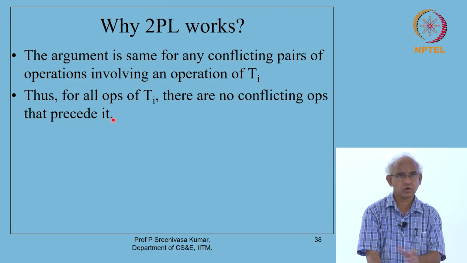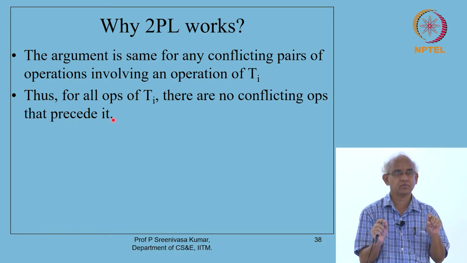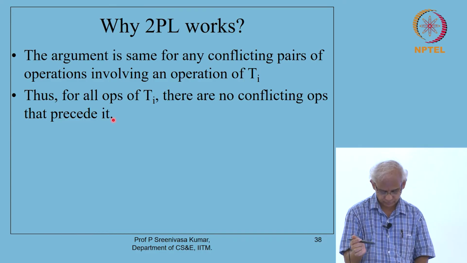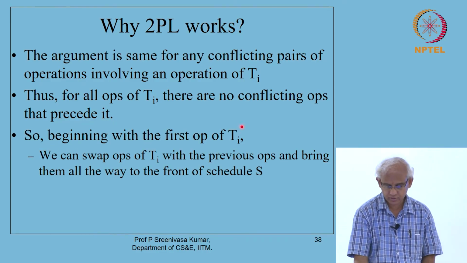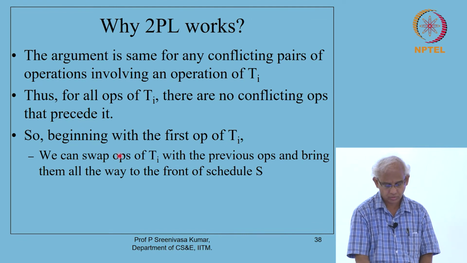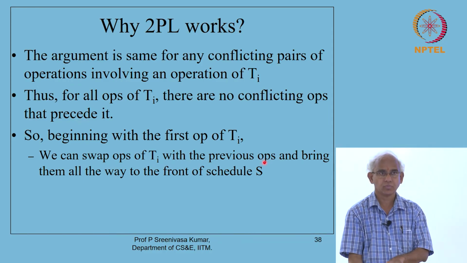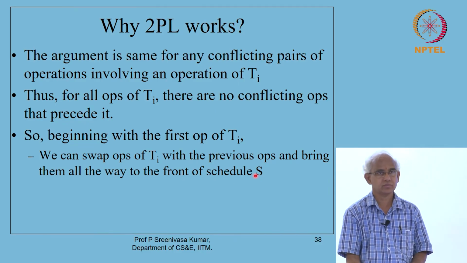If there are no such operations, then what I can do is take these operations of Ti and swap them all the way to the beginning of the schedule. Beginning with the first operation of Ti, we can swap operations of Ti with the previous operations and bring them all the way to the front of the schedule.